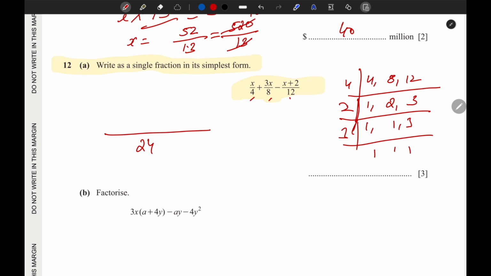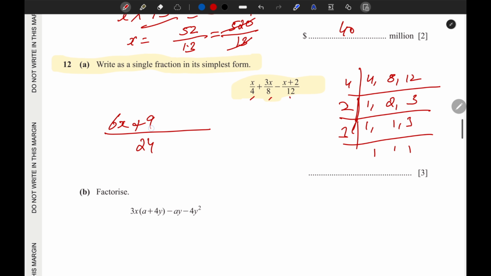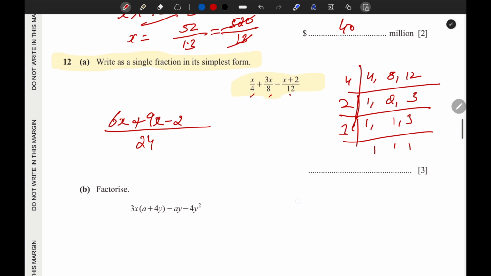Okay, so this goes 6 times. 6 times 4 is 24. So 6 times X is 6X. This goes 3 times. So plus 3 times 3X is 9X. This goes 2 times. So minus 2 times, but you have to use brackets, (X plus 2). Okay, now solve this. See, 6X plus 9X is 15X.